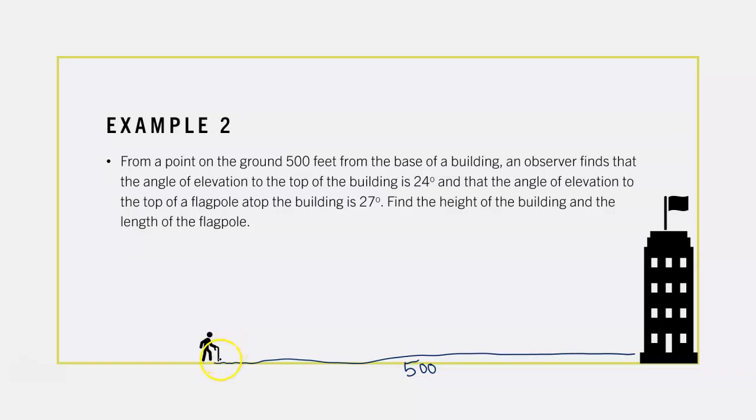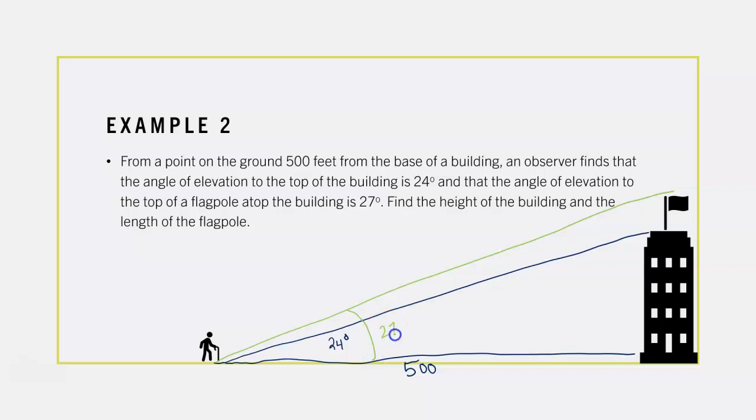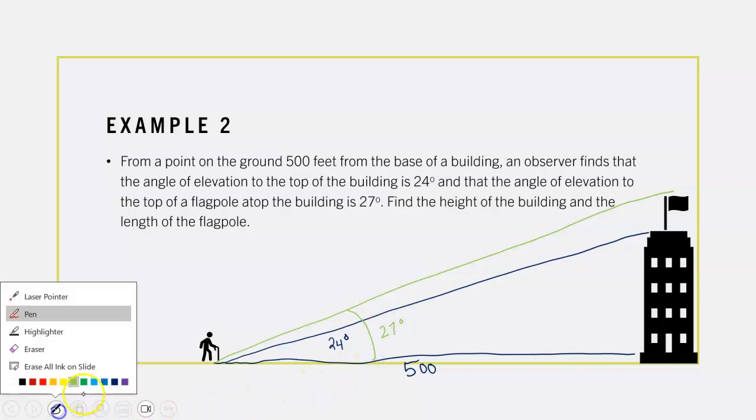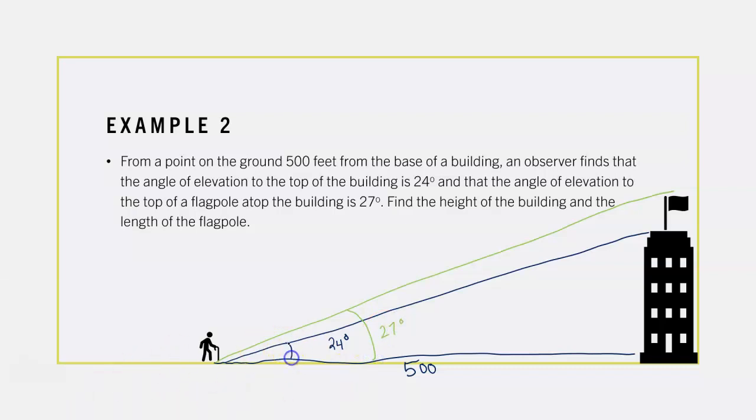He reads the angle of elevation to the top of the building, and we got 24 degrees. But then he also looked at the top of the flagpole, and when he did that, he got 27 degrees. And our job is to find the height of the building and the length of the flagpole.